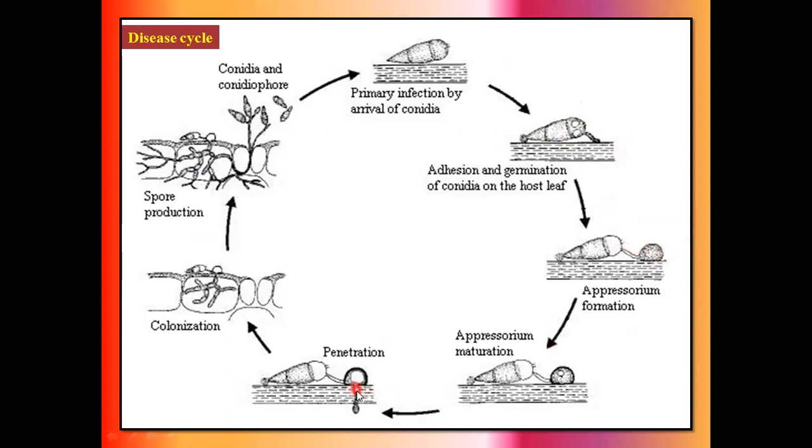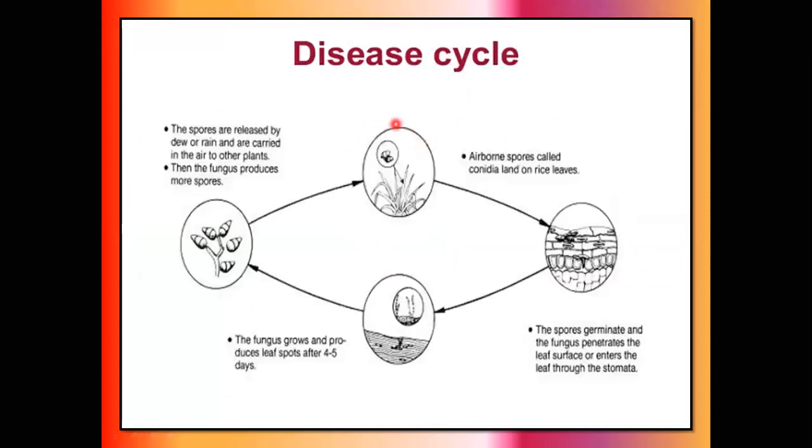The pathogen penetrates within the host cells, and the mycelia develop intercellularly. Finally the mycelia produce the conidiophore and conidia. The conidia are liberated from this host tissue and deposited on healthy host tissues. In this way, primary infection and secondary infection take place and complete the life cycle of Pyricularia grisea, Magnaporthe grisea. So this is the disease cycle.